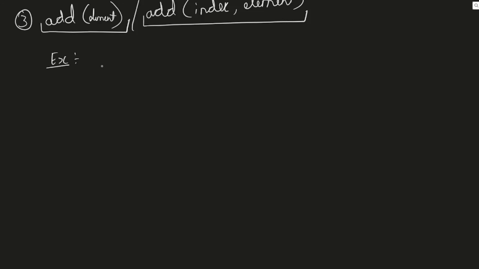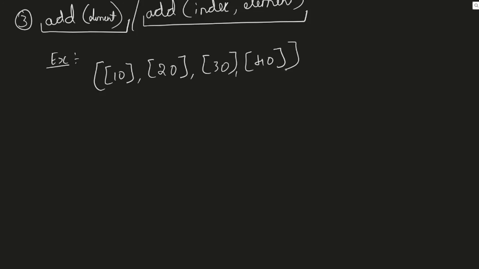Let's consider we have an array of objects and indices 3. Let's imagine we just need to insert an element here. List dot add at index 2 an element 100.